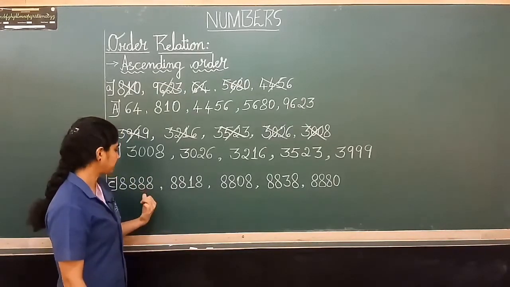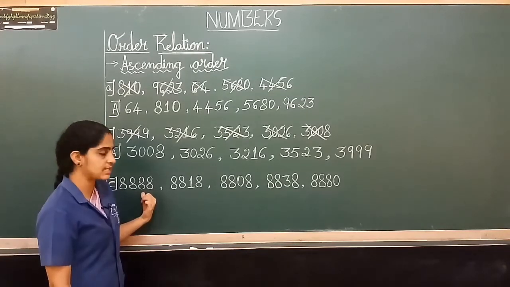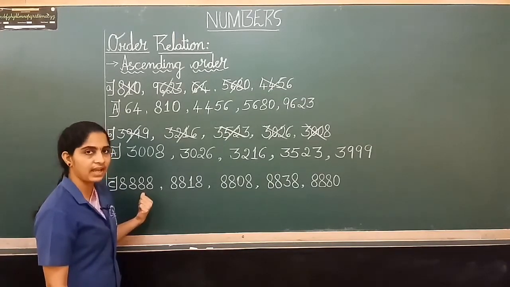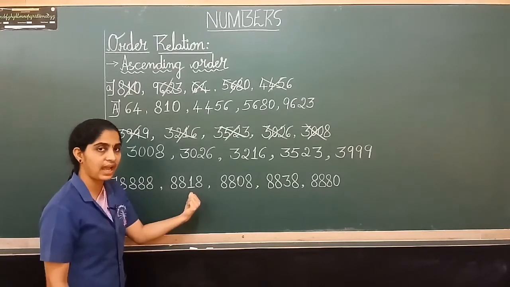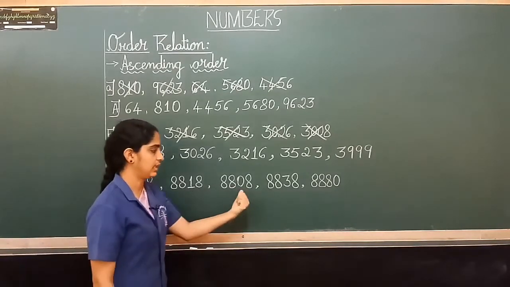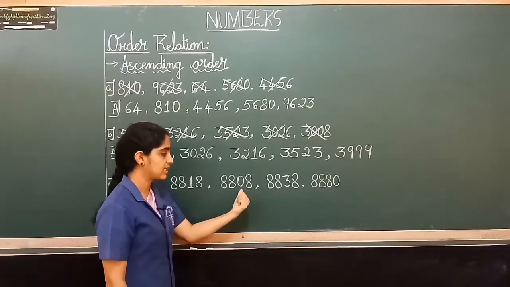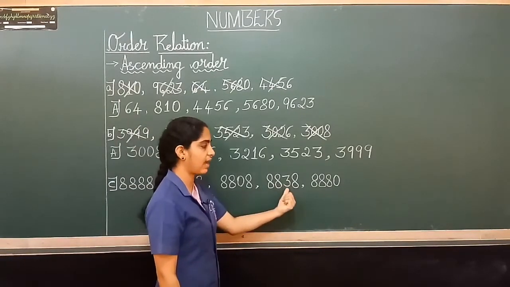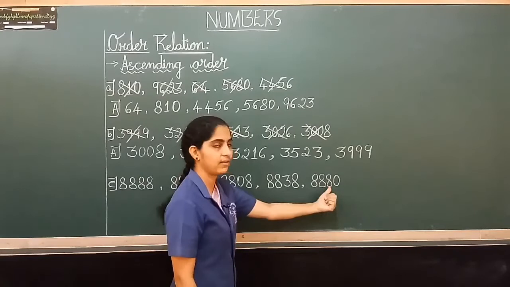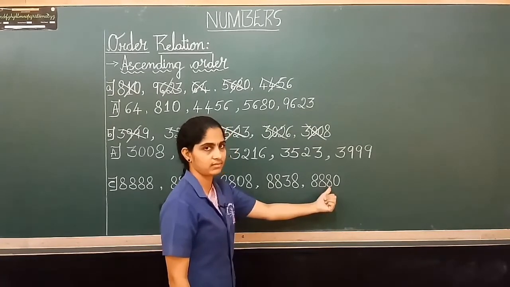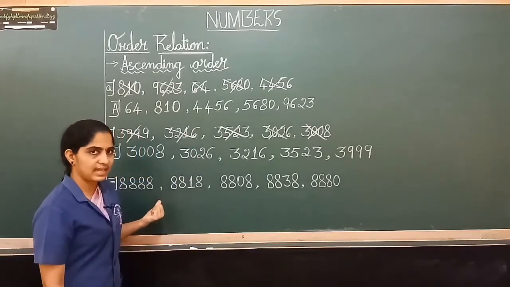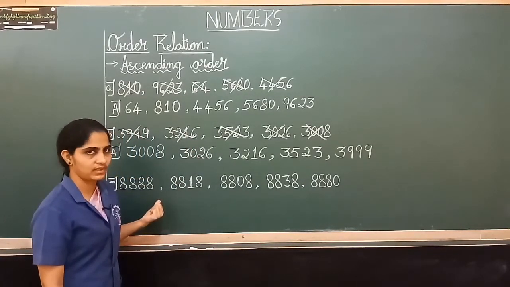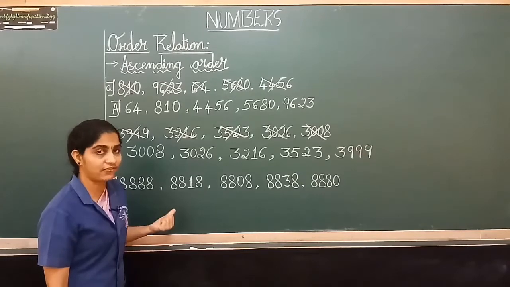Let's do that one. If you see this first number, the third digit we have 8. Here the third digit we have 1. Here the third digit 0. Here we have 3. And here we have 8. Right? So, are they same? No. Now, the digits are different.